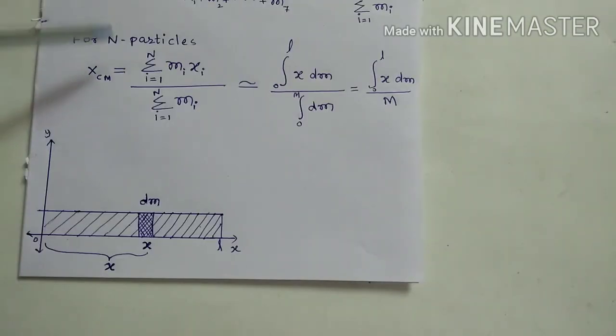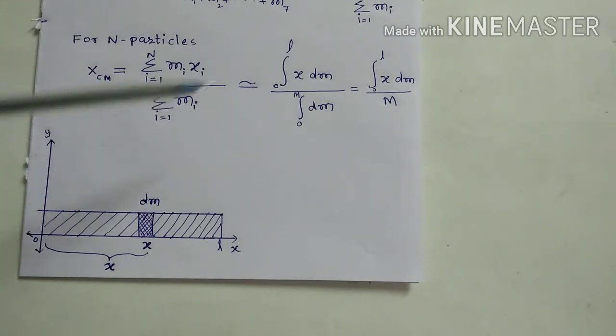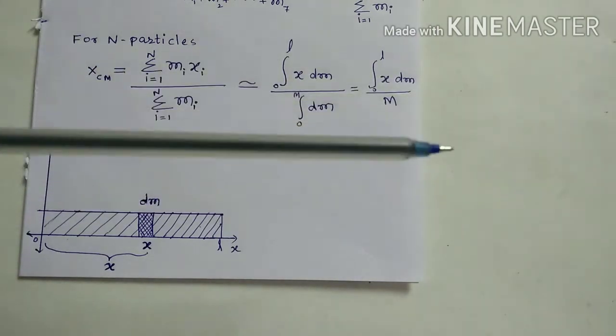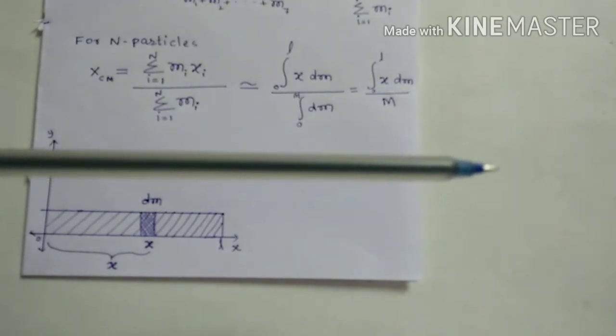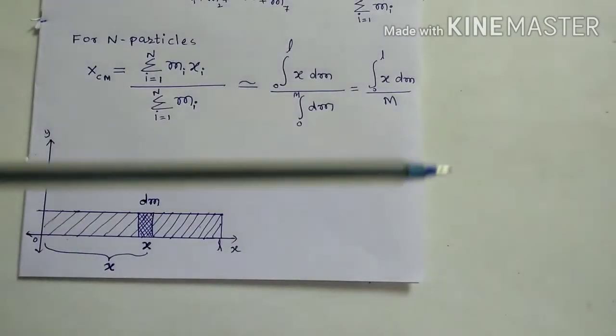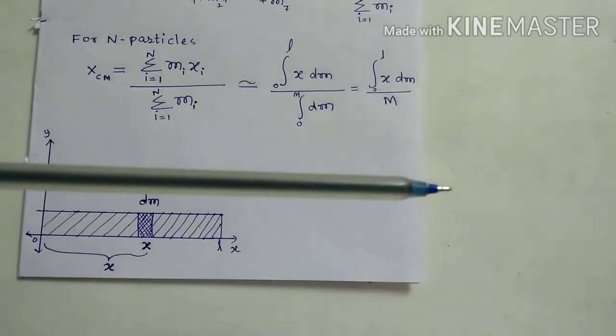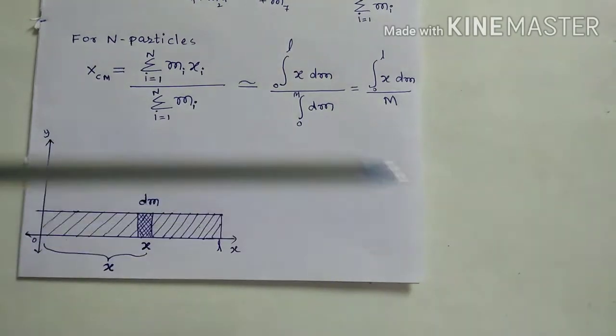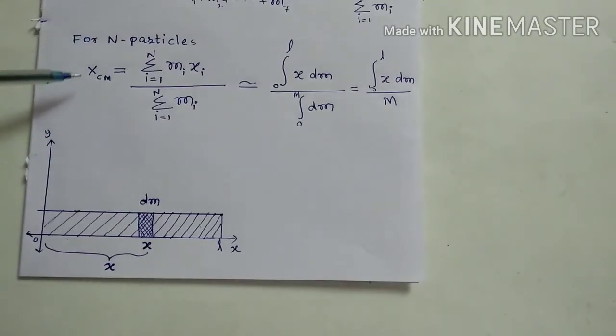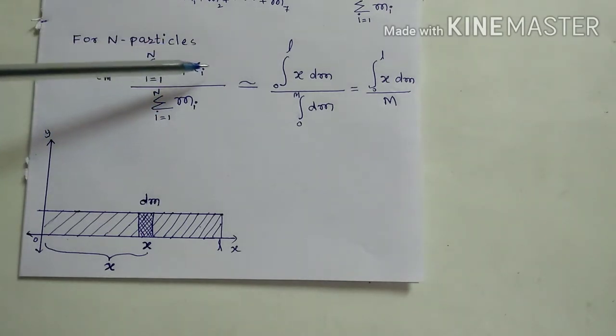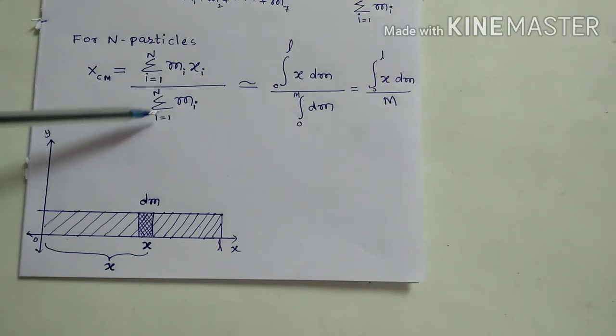Similarly, for n particles, you divide this pen into small slices. So the total number of slices is n, so I am calling it n particles. So the center of mass x coordinate xcm equals summation over i equal to 1 to n of mi xi, divided by summation over i equal to 1 to n of mi.